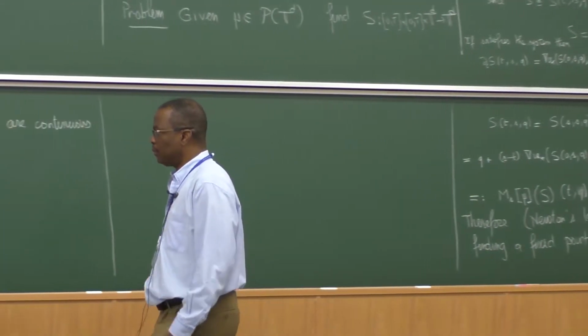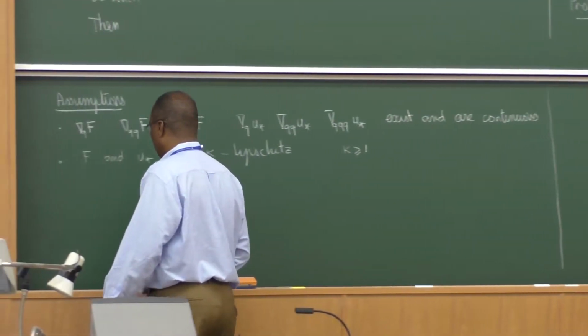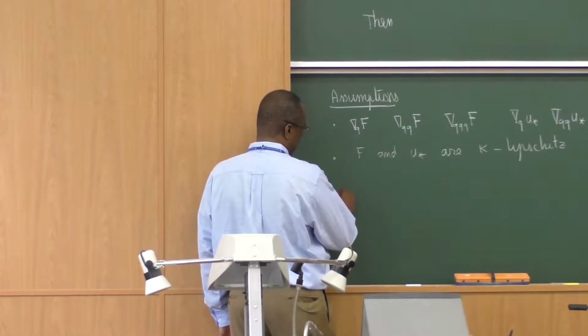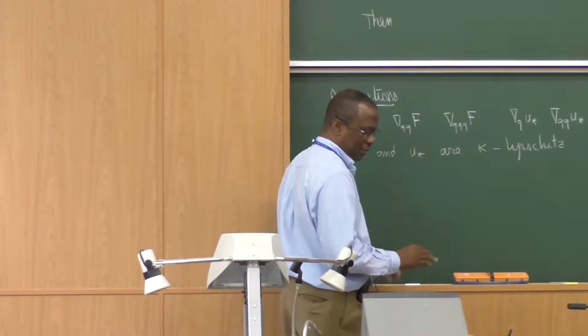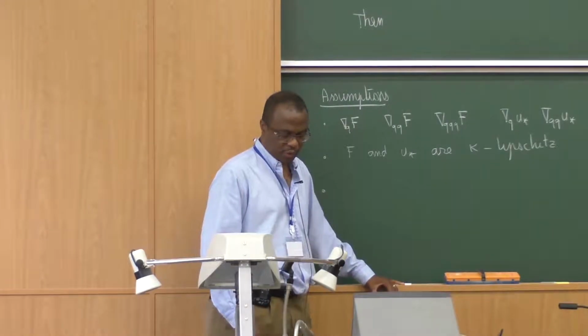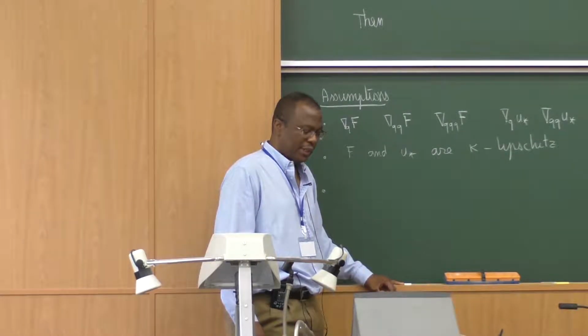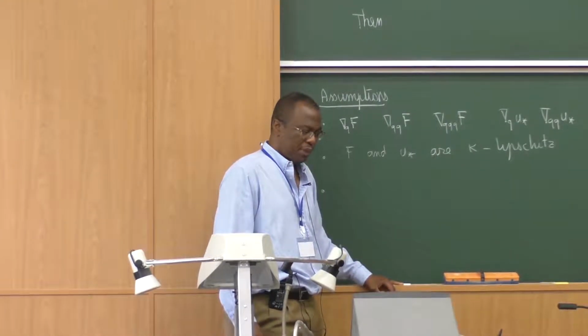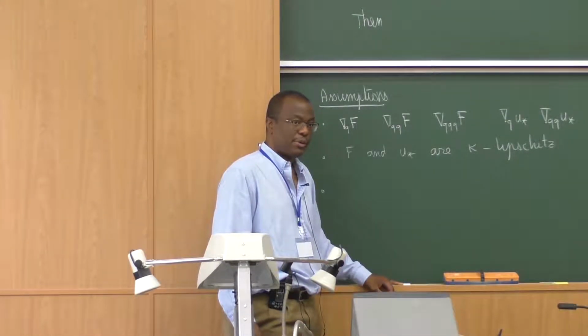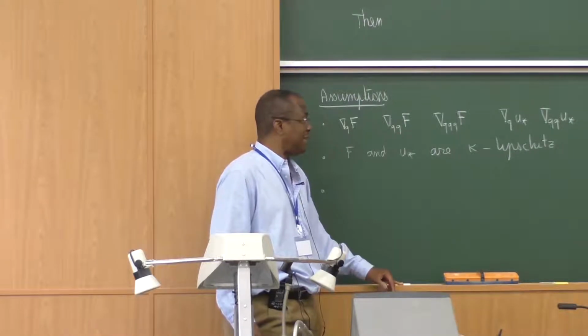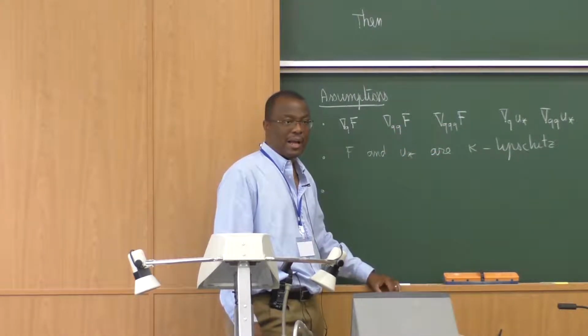Now, here is one difference between what we have done and what Pierre-Louis Lions, Lasry, Cardaliaguet, Delarue have done. We have assumed that our F and U are from a potential function.